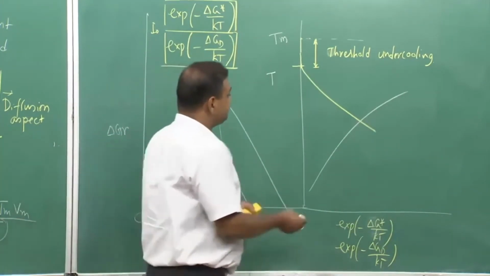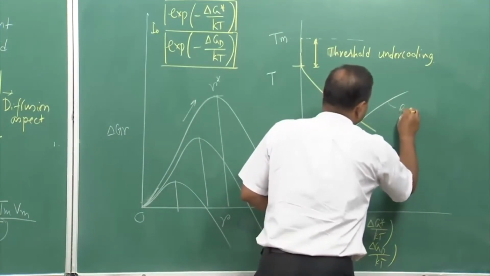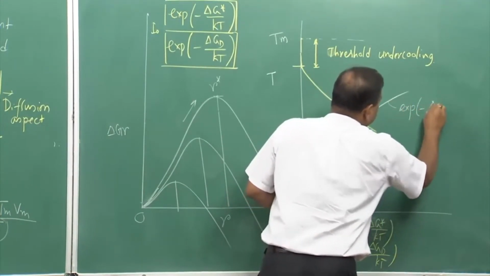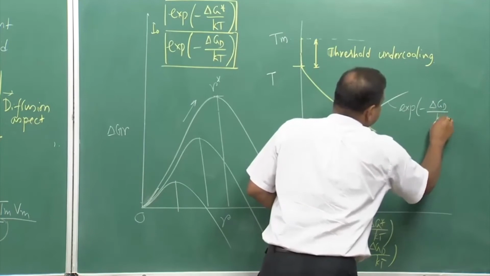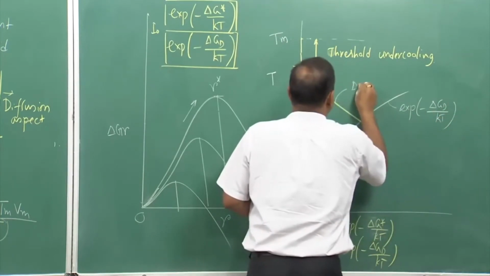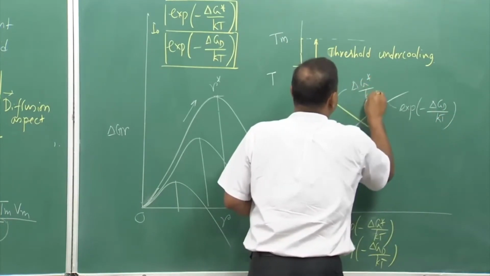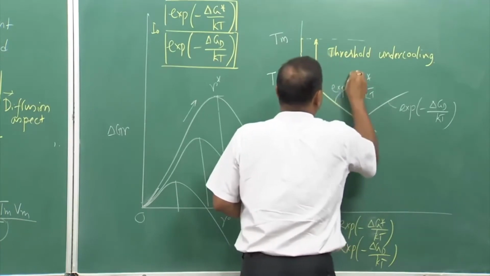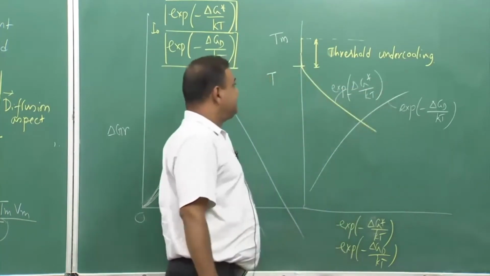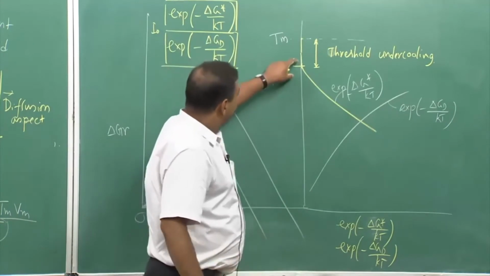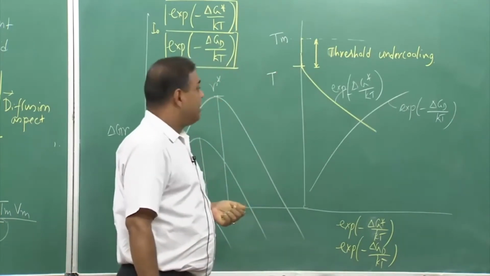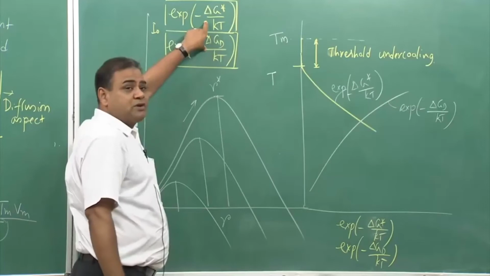So now this is my exponential minus delta G d by kT, and this is delta G star by kT, exponential minus, fine. Now, what is I? I is the combination of these two, the product of these two.